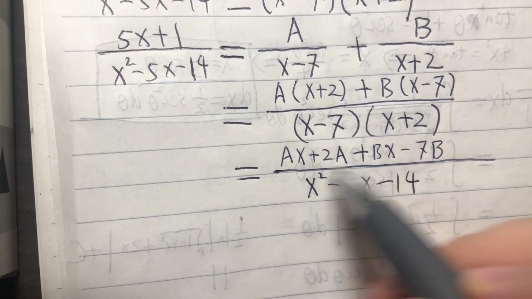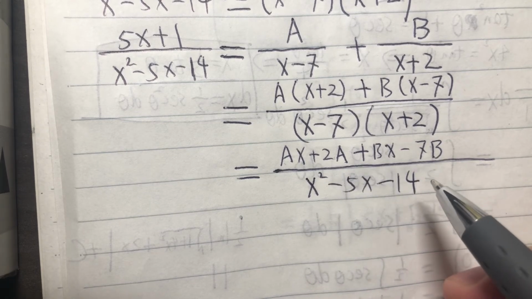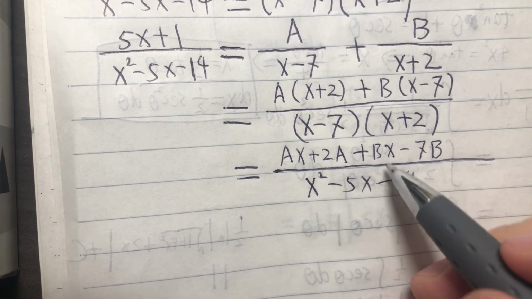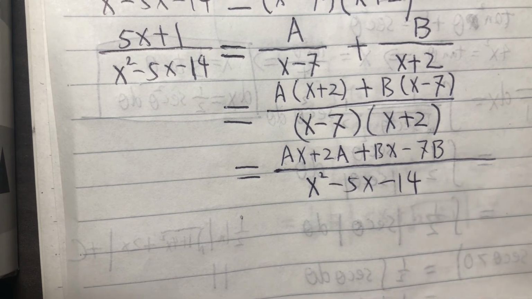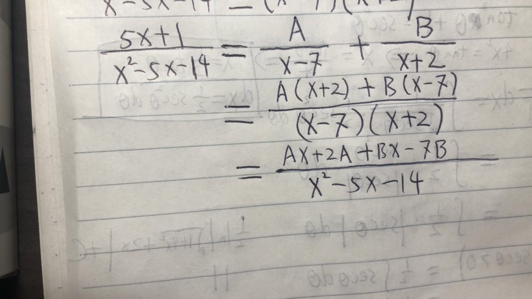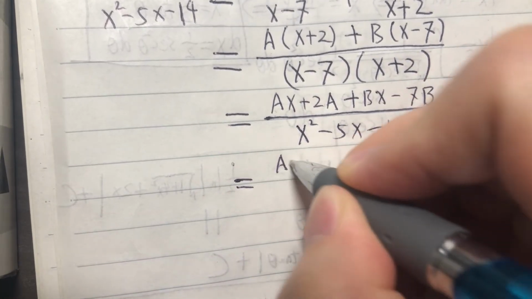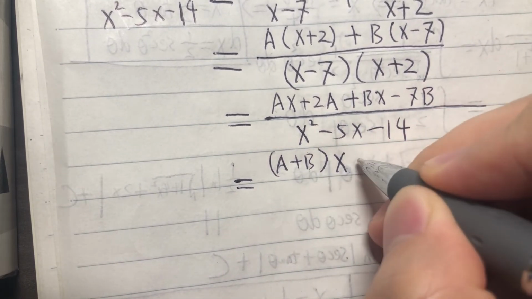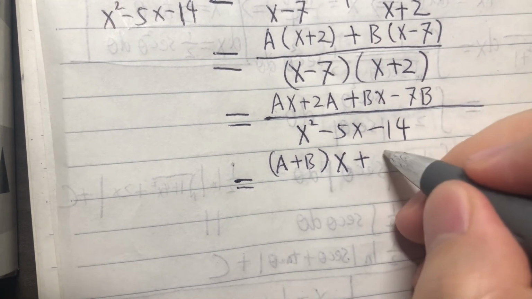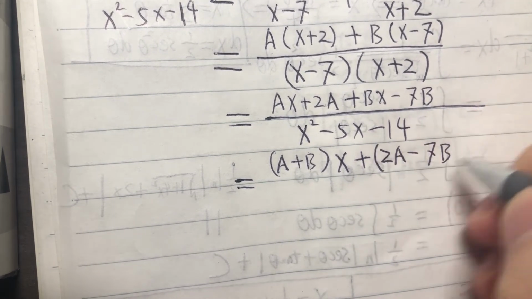So we just combine the terms with x and the terms without x. Ax and bx are linear terms. 2a minus 7b are constant terms because a and b are both constants. So it's a plus b times x, plus 2a minus 7b, the constant term.